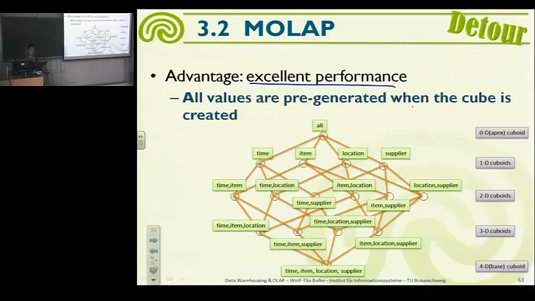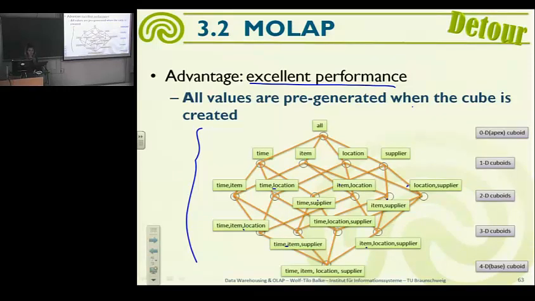Advantages: excellent performance. The aggregates are already there, so you just go and get the values that you need. And we've seen this cuboid lattice at the beginning of the lecture, and you have here all the different aggregates. Of course, you can choose to save all of them.